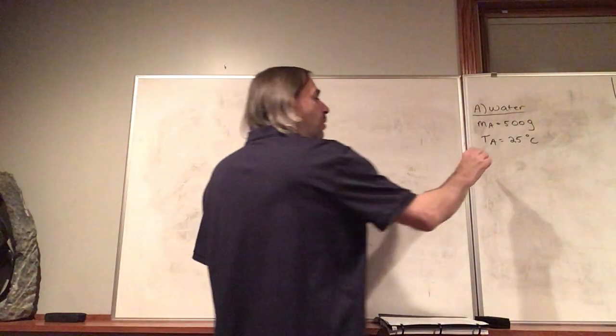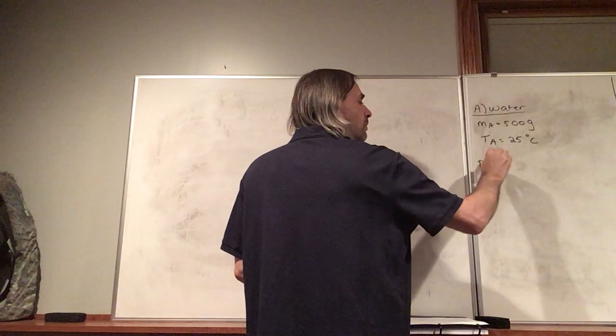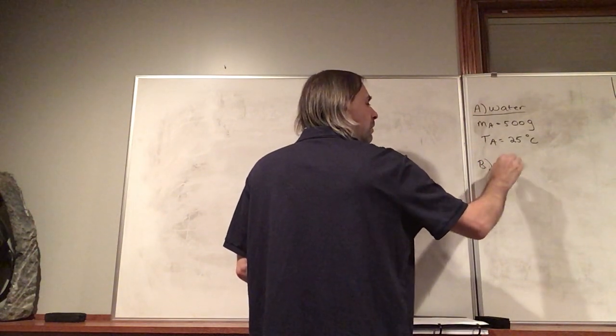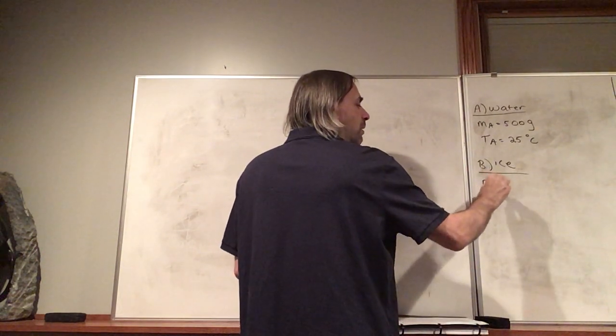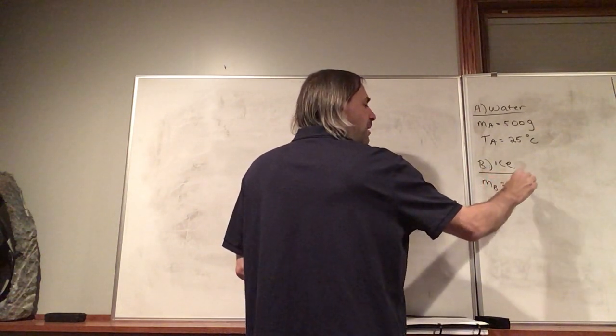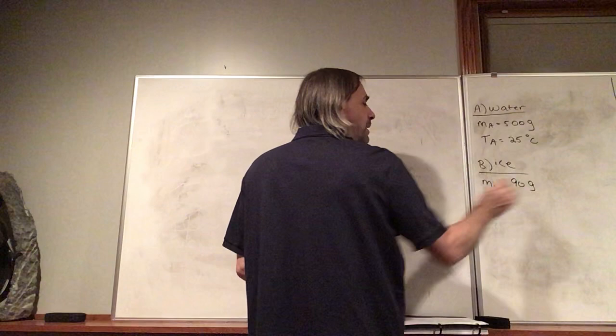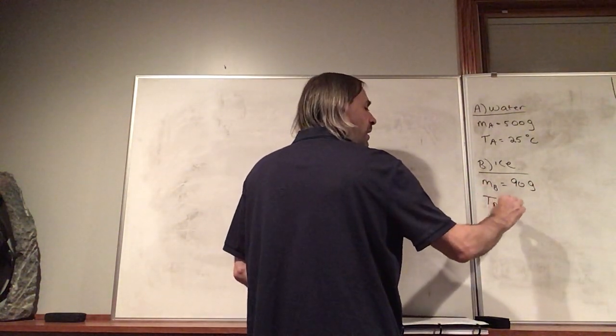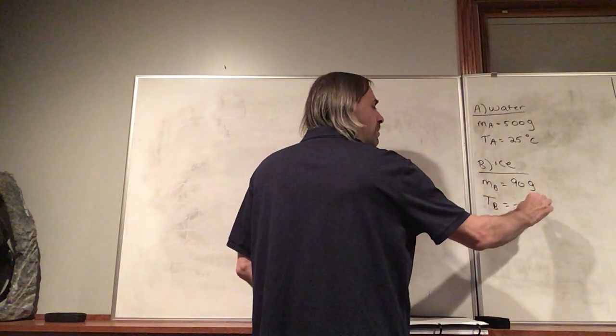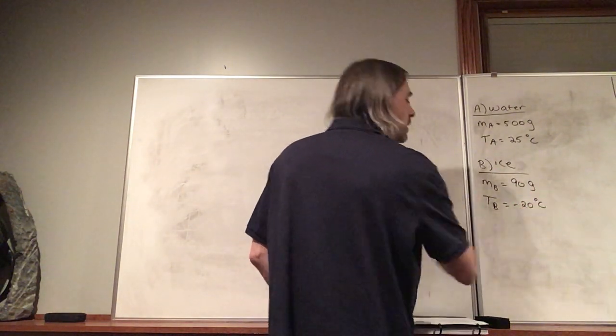Okay, now B is going to be ice. Let's say we have 90 grams of ice, and that the initial temperature of the ice is minus 20 degrees Celsius.